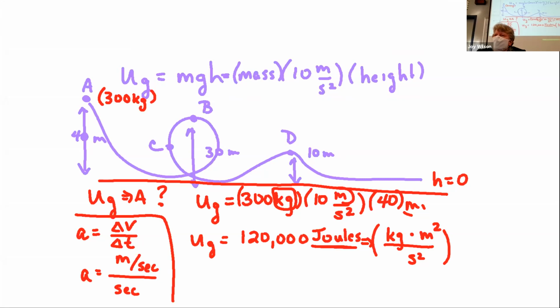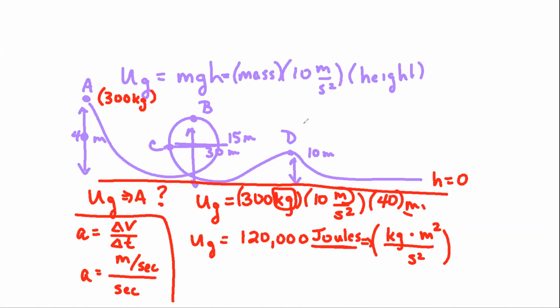If B is at 30, where is C? It looks about halfway, yeah? Be 15 meters. So do we have more potential energy at B or more potential energy at C? Which one would have more energy stored in the gravitational field? B or C? Yeah.